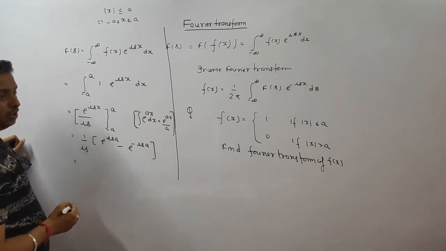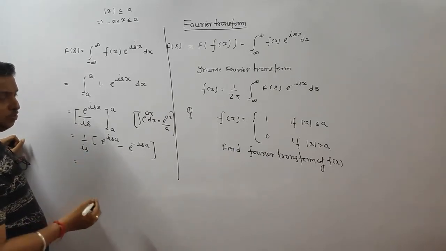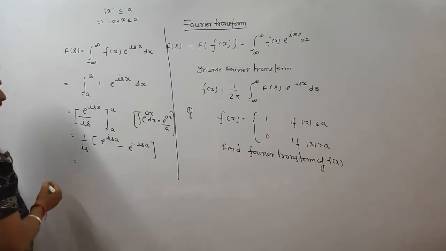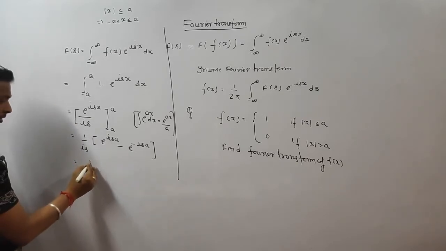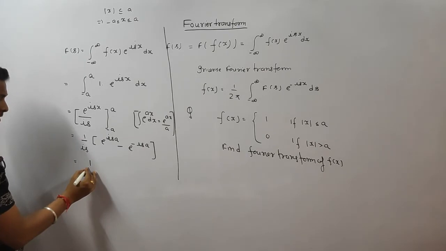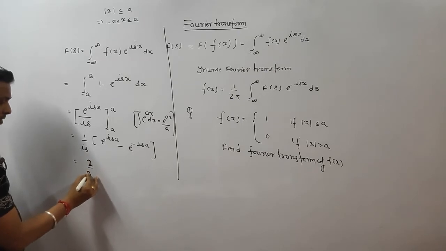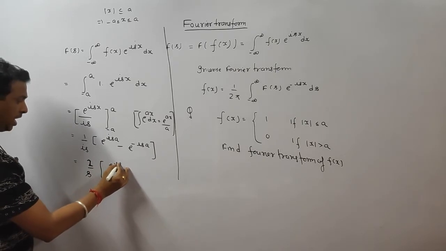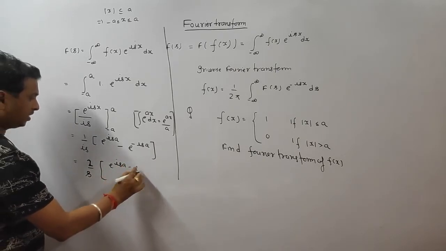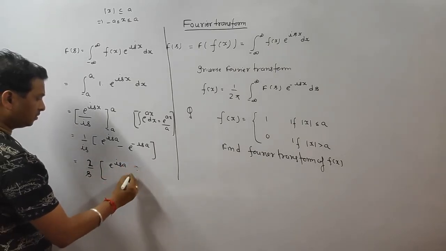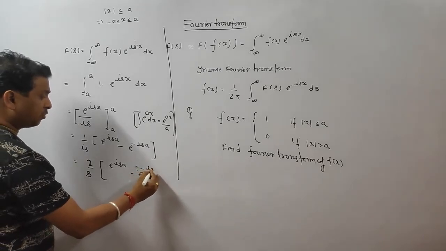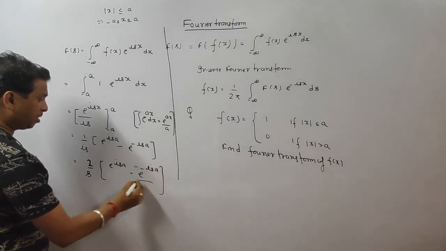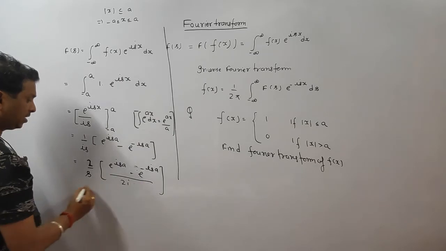If you know simple hyperbolic functions, then if we multiply by 2 here, so s, e to the power iota s a minus e to the power minus iota s a upon 2 iota.